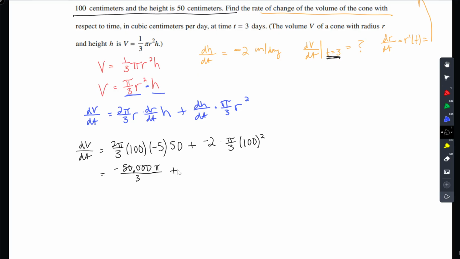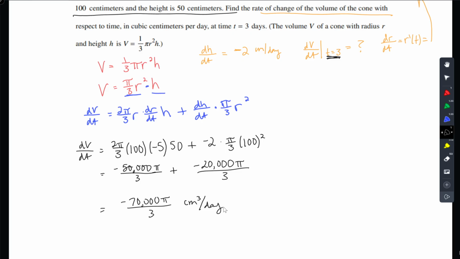You're doing 100 times 100, so you're counting zeros basically. So that's 10,000, which times negative 2 gives negative 20,000 pi all over 3. Then you can combine them: negative 70,000 pi all over 3. And then you would say centimeters cubed per day.